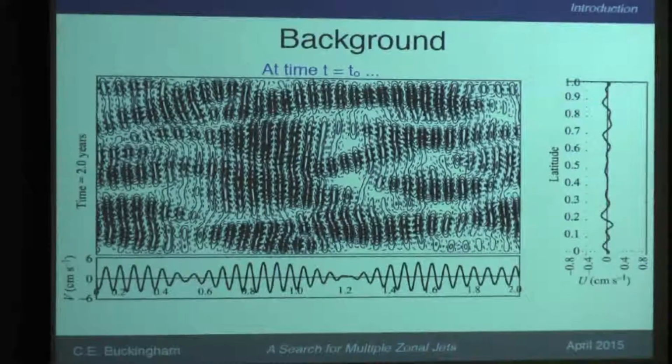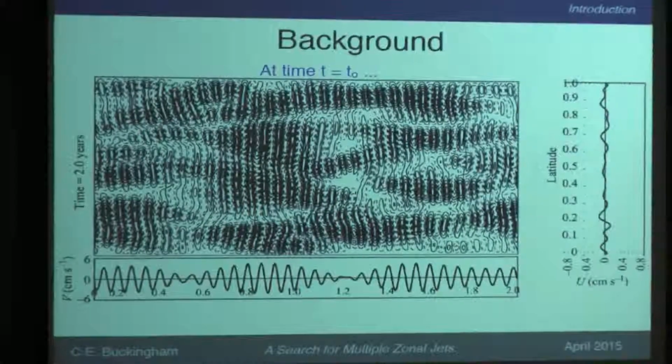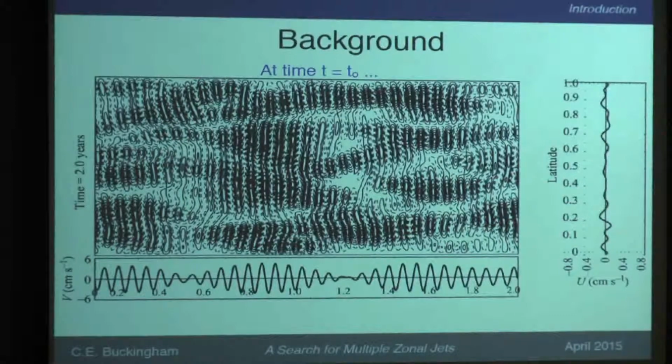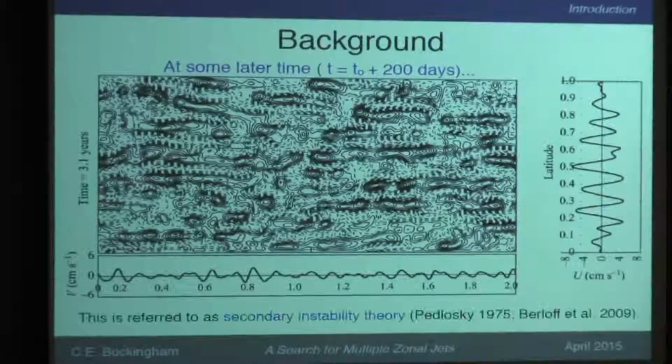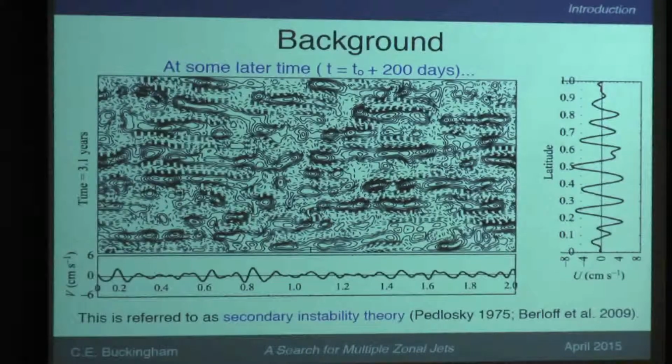I guess it dates back to Podolsky's work. So this is the meridionally averaged flow, and this would be the zonally averaged flow. You can see that it gets some sort of structure to it, and then that undergoes a second instability. And so you have this theory known as secondary instability theory that predicts zonal jets as well.